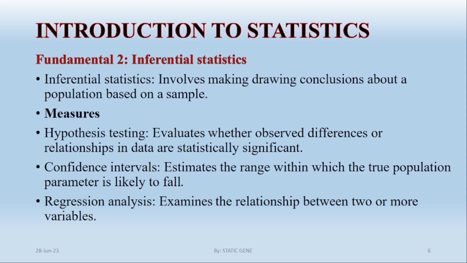You can also do confidence interval, that is, you estimate the range within which a true population parameter is likely to fall. So if you're doing a study in an adolescent group, you expect your study participants to fall somewhere within, let's say, 15 years, and then you're having somebody like 30 years, that is way outside the range that you'd expect your population to fall.